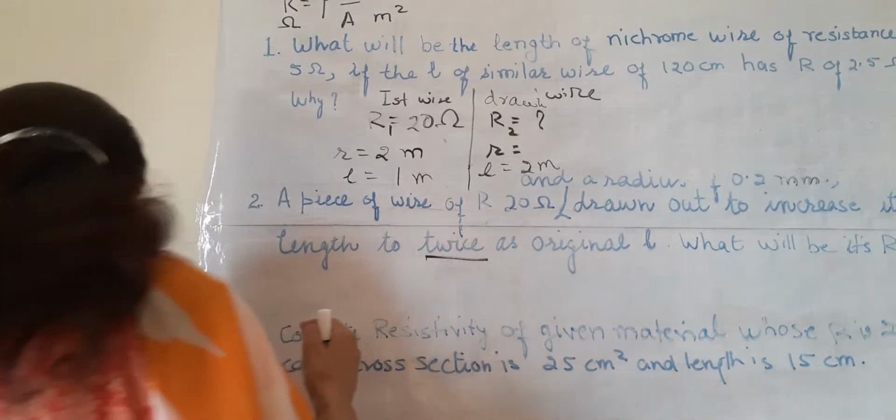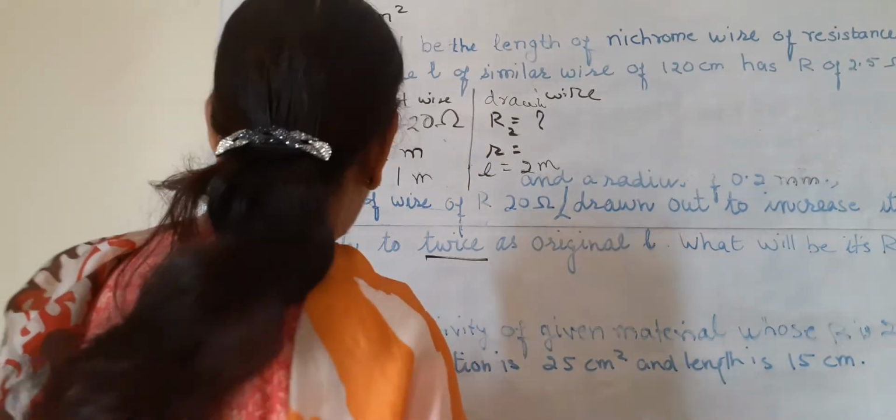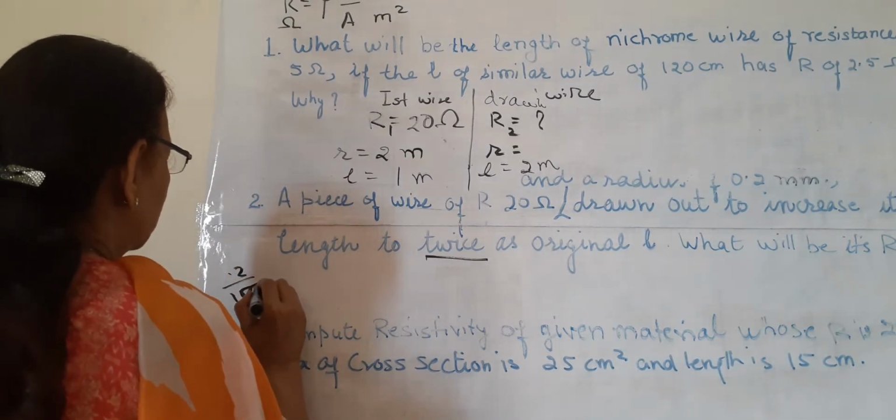Here the radius is 0.2 mm. 0.2 divided by 1000.